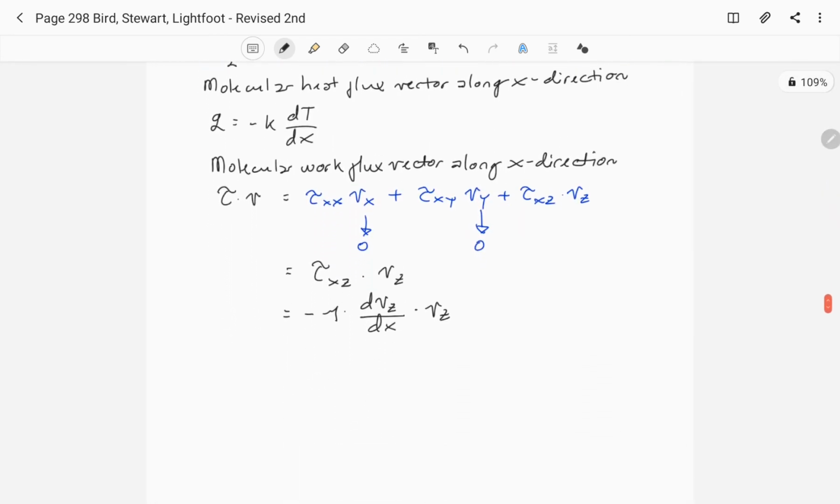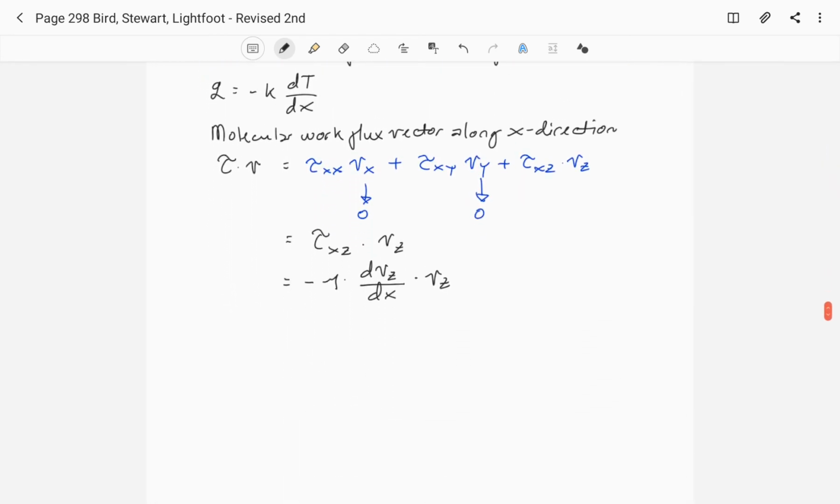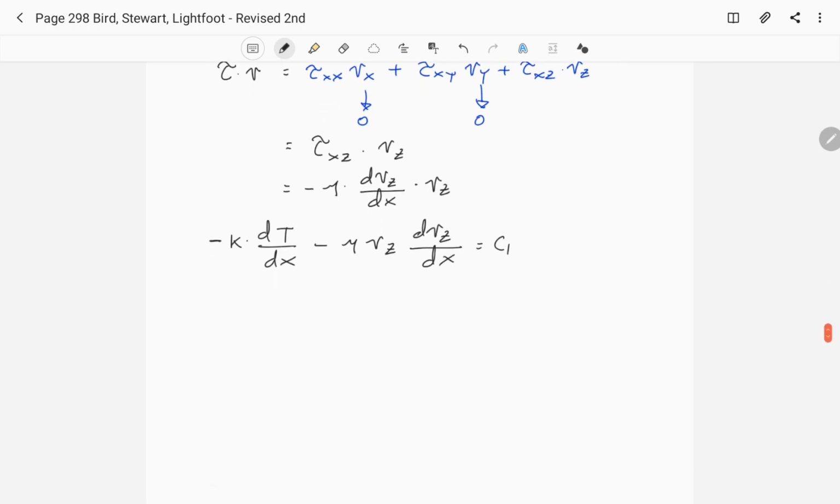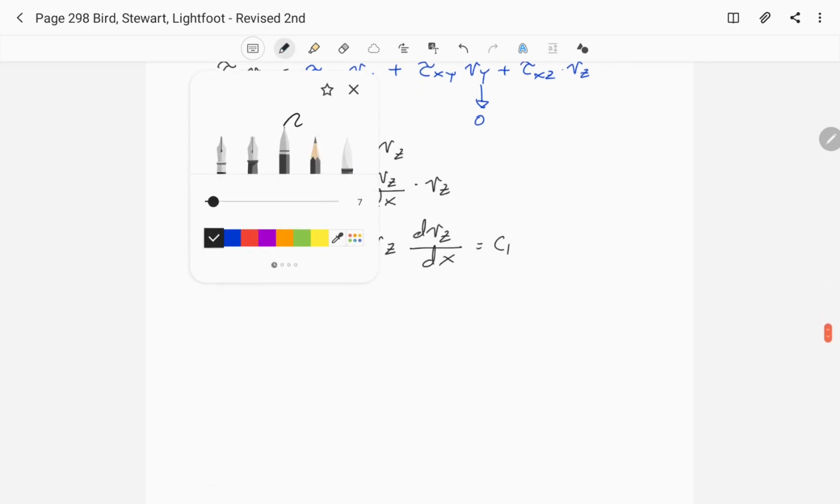Now you have this, then you have a q that exists in your E, minus k dT per dx minus mu Vz dVz per dx is equal to C1. Okay, and then we can substitute the linear velocity profile.